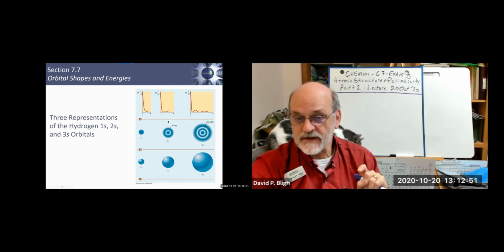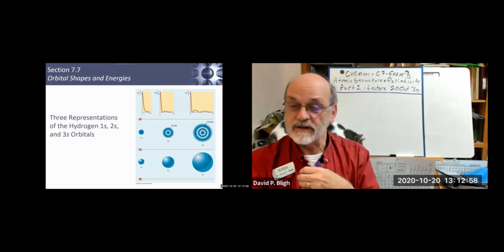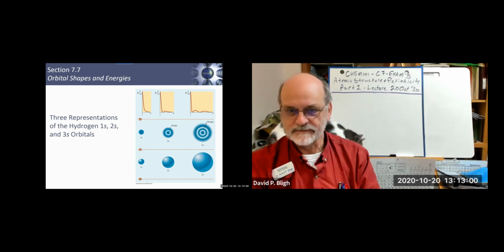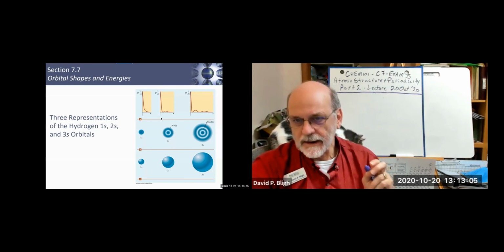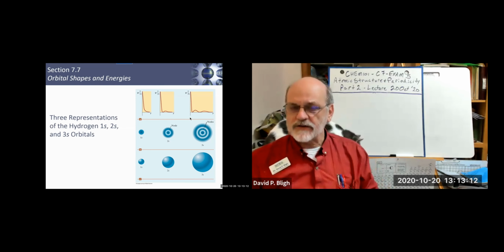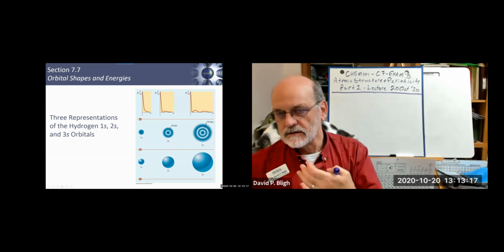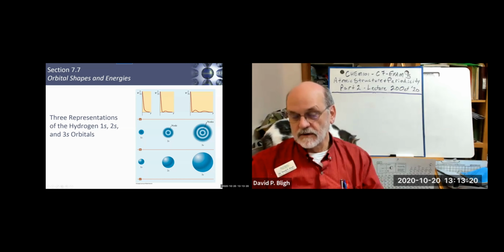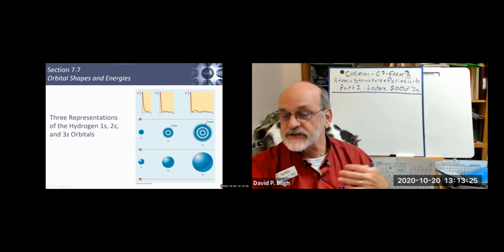Notice that the 1s has no nodes, and we're discounting the 0 probability at the nucleus. We're not calling that a node. And if you go up to 3s, you have 2 nodes, 1 there, 1 there. This is a consequence of the quantum mechanical wave function equations that are solved, and when they're solved, they produce this distribution.